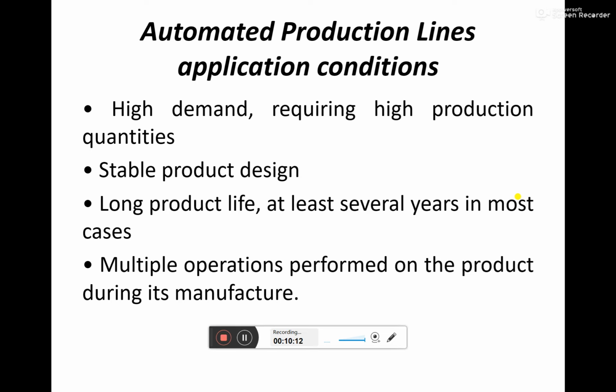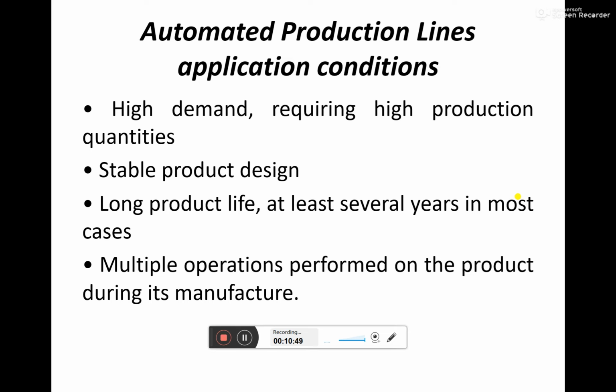Okay. And sometimes multiple operations are required on the product during manufacturing. If multiple operations are required to convert the material into a usable form of product, then one of the best things is to automate the process, because when you automate the production line, it will do the process very accurately.